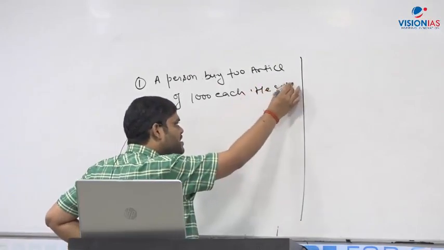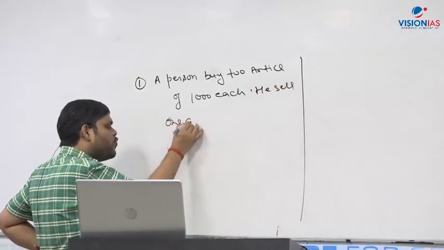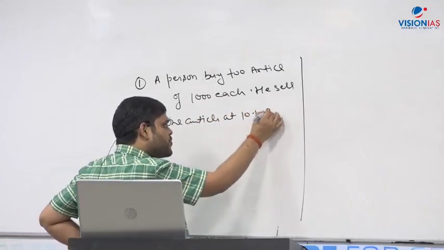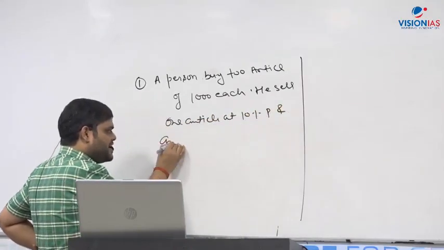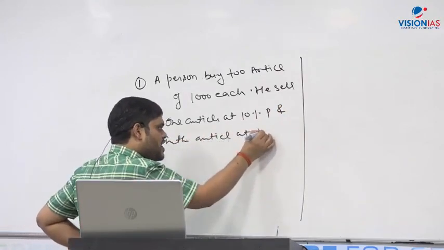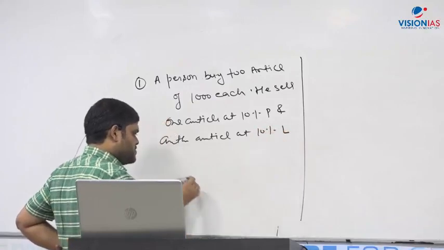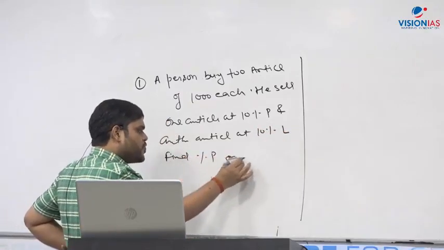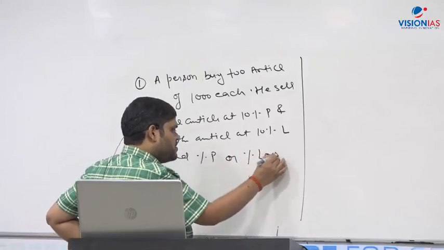He sells 1 article at 10% profit and another article at 10% loss. Find the percent of profit or percent of loss.